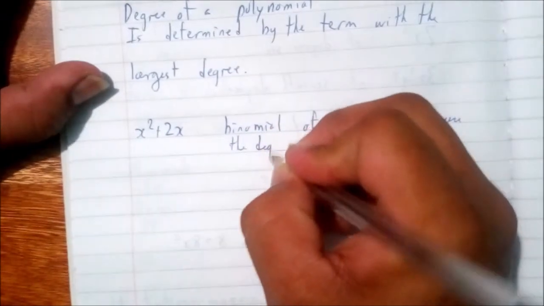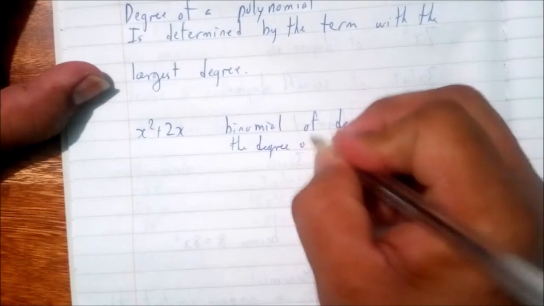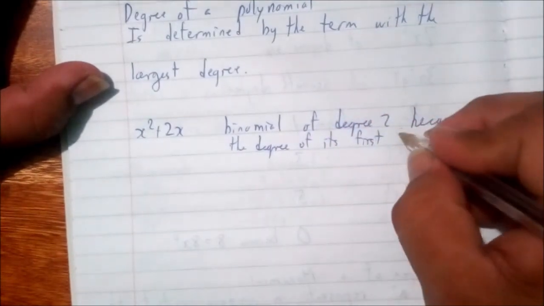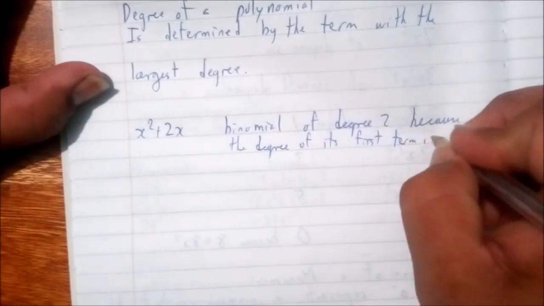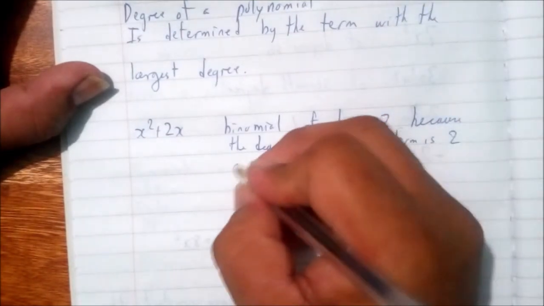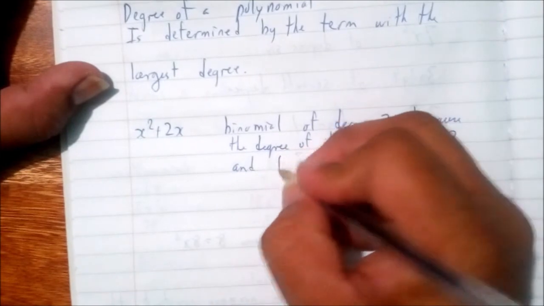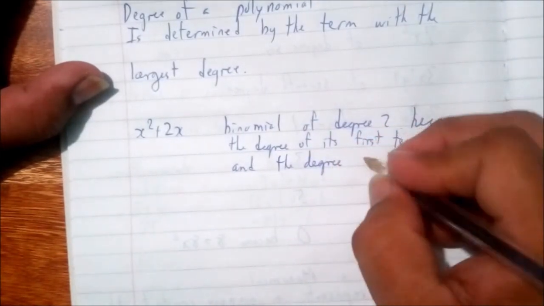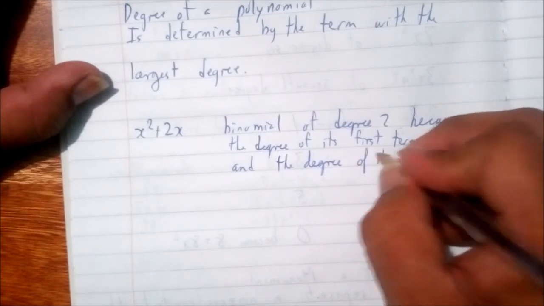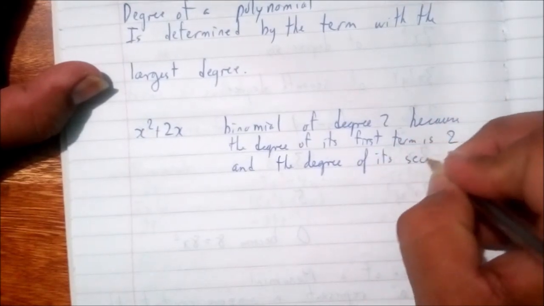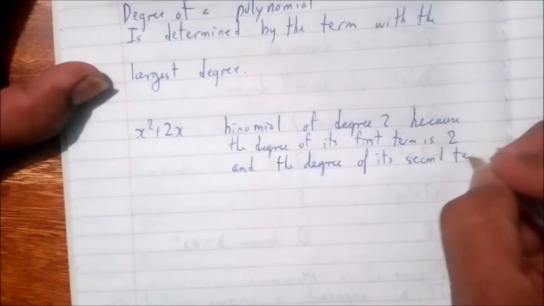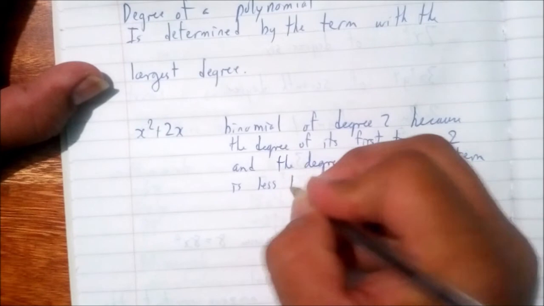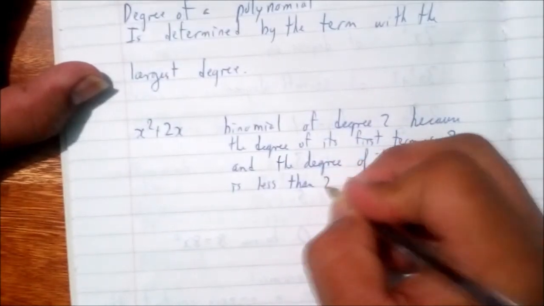the degree of its first term is 2 and the degree of its second term is less than 2.